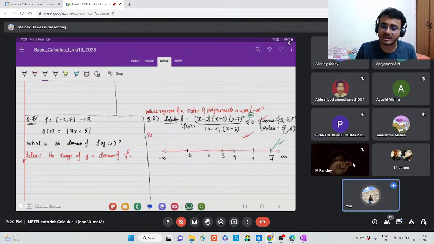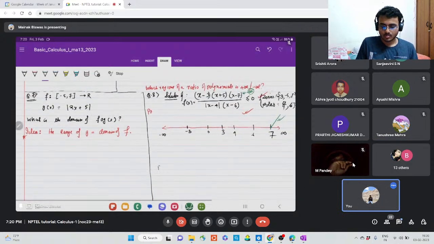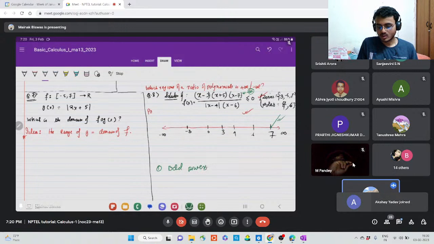For example, 6 minus 7 is -1, 5.5 minus 7, 6.5 minus 7, 6.99999 minus 7, everything is negative. So the trick is odd powers, polarity change. Even powers, will it change?